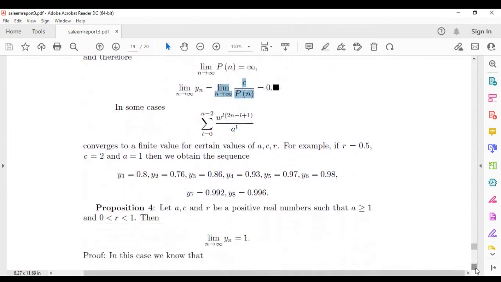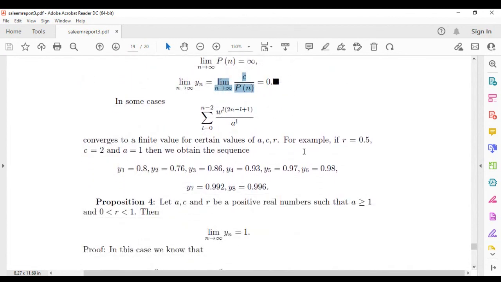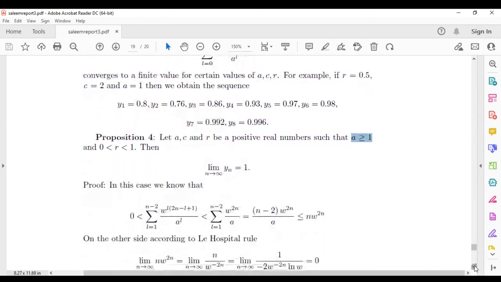We considered here a numerical example where we set R to be 1/2, not 1. In this case, we will encounter a different situation. The sequence starts increasing and reaches a value about 1, and we proved this fact: if a is greater than 1 and r is between 0 and 1, then the limit of Yn must be 1 in this case.